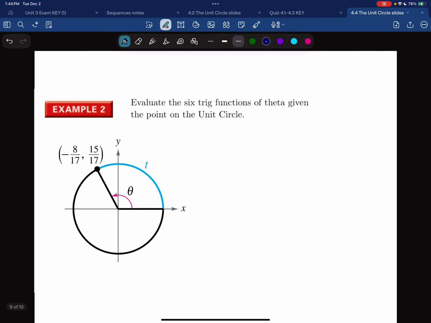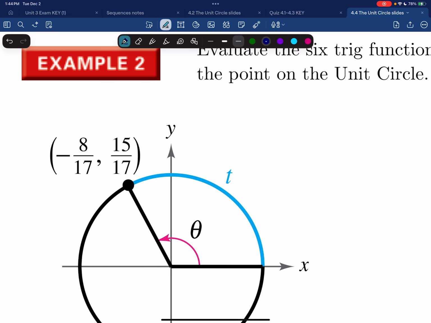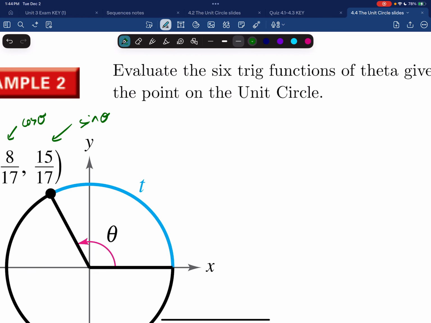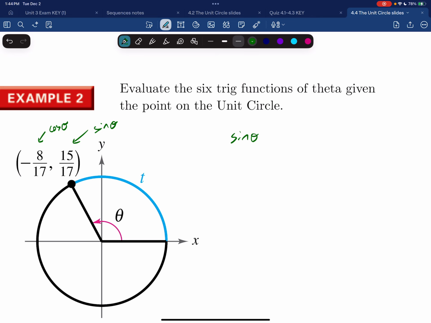Okay, last example. I'm given a point on the unit circle. I want to evaluate the 6 trig functions given this one point. So the only thing we got to remember for this one is that my x coordinate is cosine of theta and my y coordinate is sine of theta. So right off the bat, I already know that sine of theta is 15 over 17, and cosine of theta is negative 8 over 17.